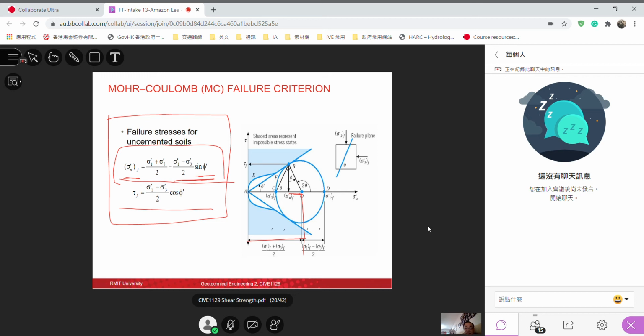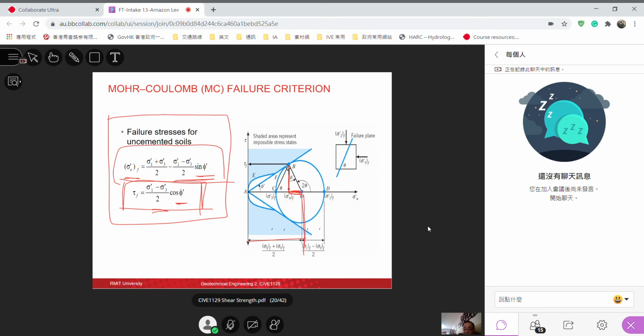Okay, while the shear stress at failure, just this value here, can be related to the radius, that means major principal stress minus minor principal stress divided by 2 times cosine of the angle of friction. That means we are just decomposing it in here.